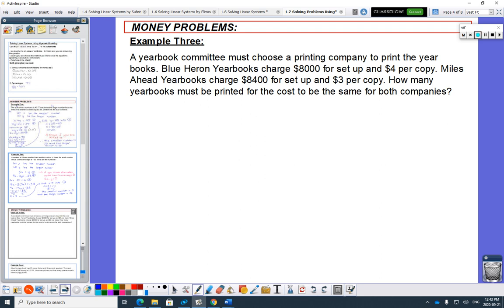So a lot of these questions will say how many yearbooks must be printed for the cost to be the same, or sometimes you're given a graph and you have to interpret it, like if you sold 10 yearbooks, which company is more cost effective. So this is actual legitimate math that, depending on what kind of path you take, you could have to do.